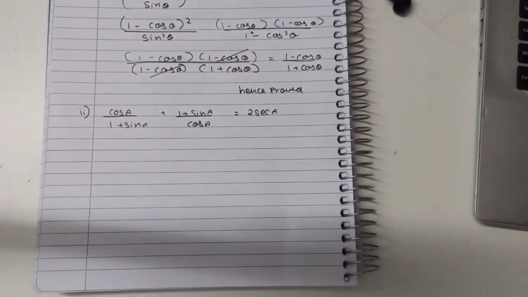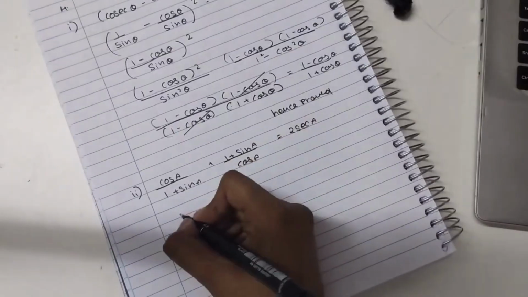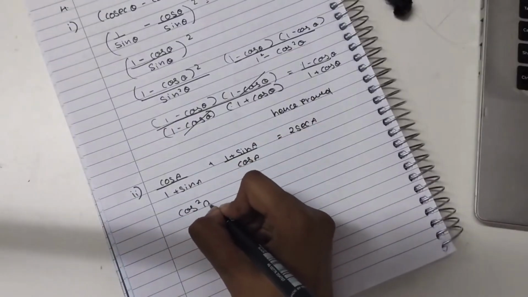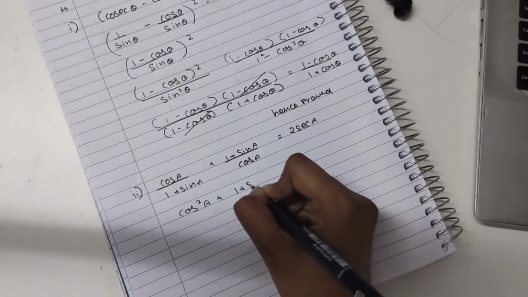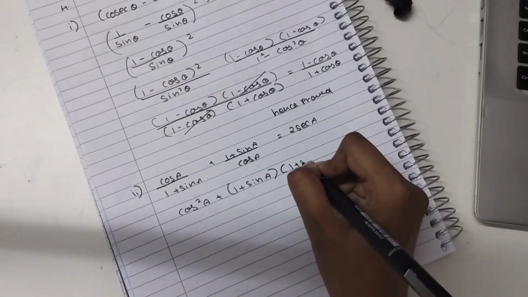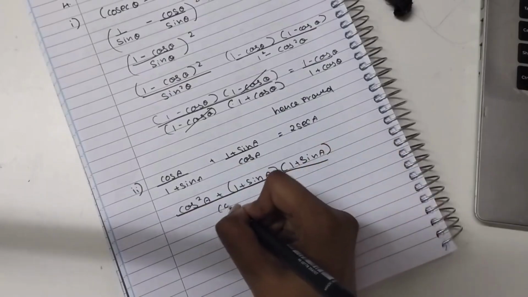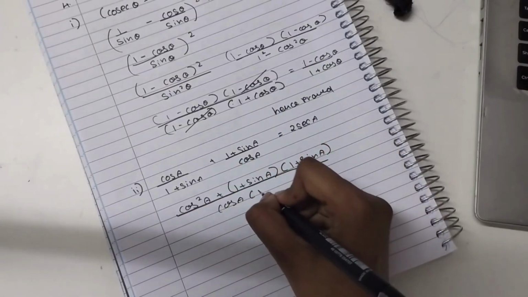In the second question, they're asking us to prove cos A by (1 plus sine A) plus (1 plus sine A) by cos A is equal to 2 secant A. So we can solve this by cross multiplying. When we cross multiply, we will get cos square A plus (1 plus sine A) times (1 plus sine A), whole divided by cos A times (1 plus sine A).